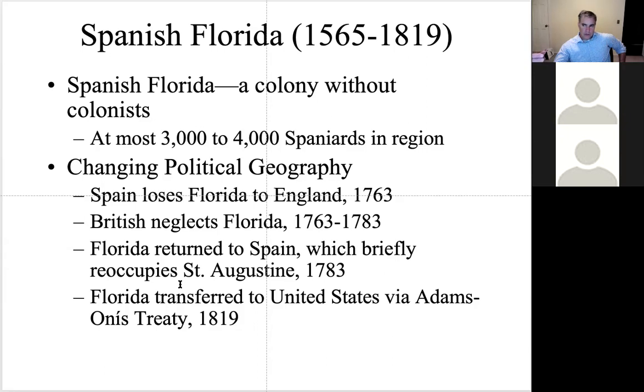Jackson essentially began a pretty brutal war between the United States and the Seminoles, known as the Seminole Wars actually. But officially, Florida became part of the United States with the Adams-Onis Treaty of 1819 that established clear boundaries for the Louisiana Purchase and New Spain, which was about to become Mexico.